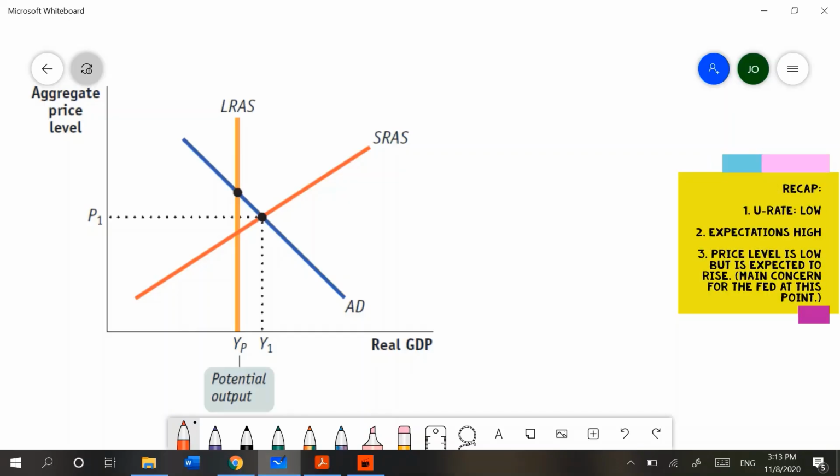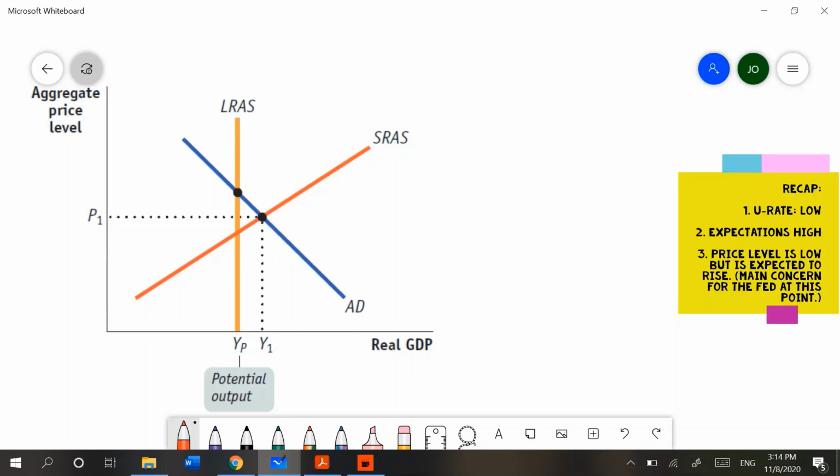What Jerome Powell basically is describing is an inflationary gap, where the only problem that the Federal Reserve sees is that maybe the economy is moving a little bit too fast, meaning that prices are forecasted or are beginning to be seen as problematic.